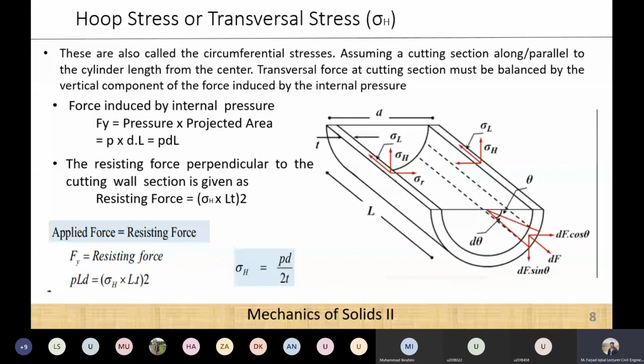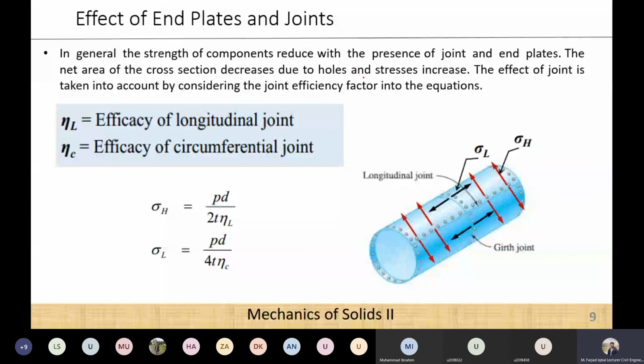So the next topic was what is the effect of end plates and joints. You might have observed that in the case of cylinders, different sheets are sometimes connected with the help of these kinds of joints, which are called longitudinal joints, and also there are these joints that are called girth joints. Now, obviously, when you provide these kinds of joints in any type of structure, you have to make small holes to insert the bolts or any kind of connection over there.